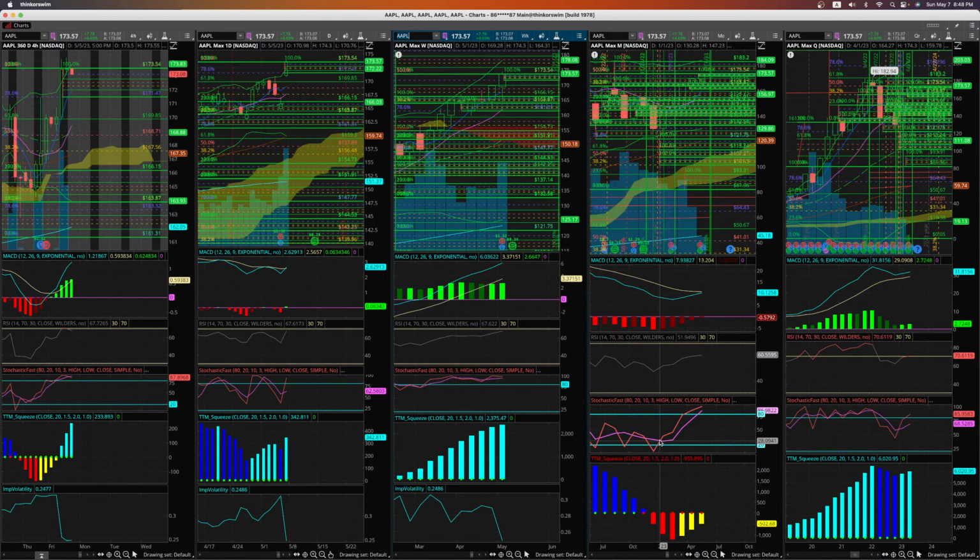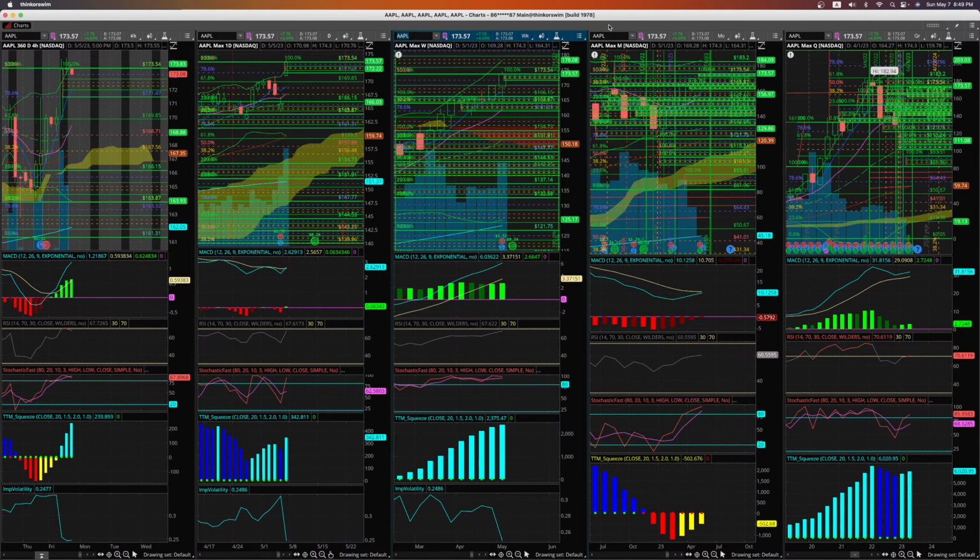So when it gives you an early signal for a bounce or a drop, it could be a temporary or short-term one, but it's a chance to make some short-term profit. For example, here on the monthly chart on Apple, before the TTM squeeze red turns to yellow, the statistic fast had already golden crossed 2 months before.